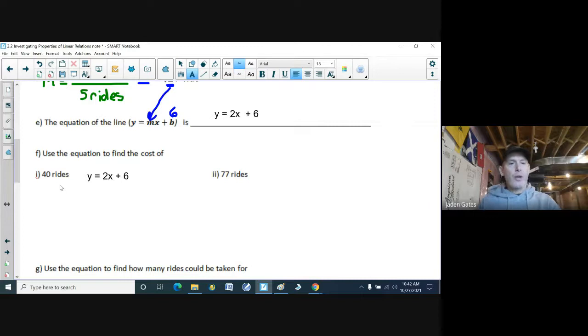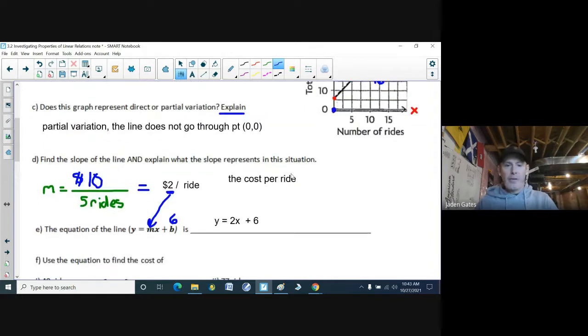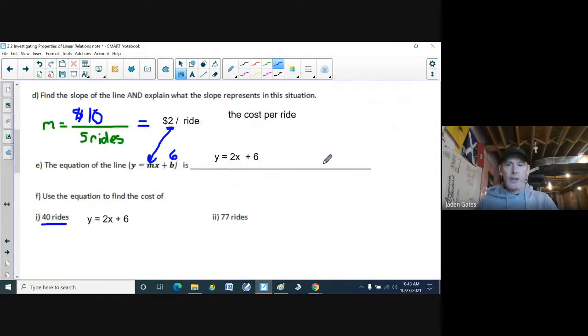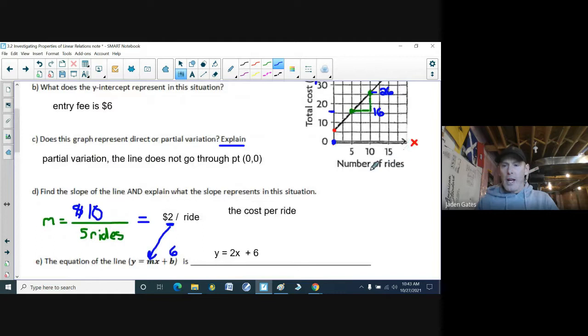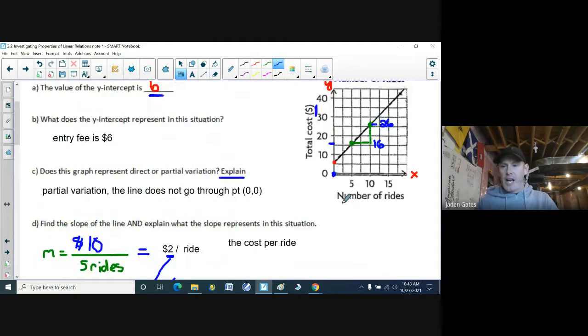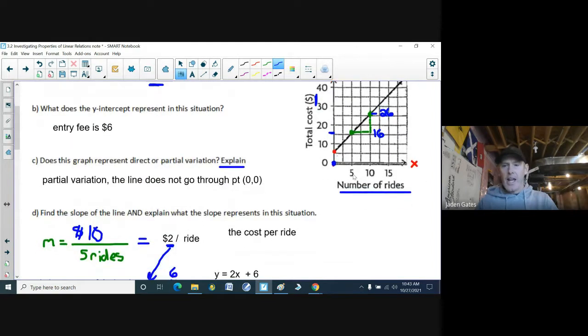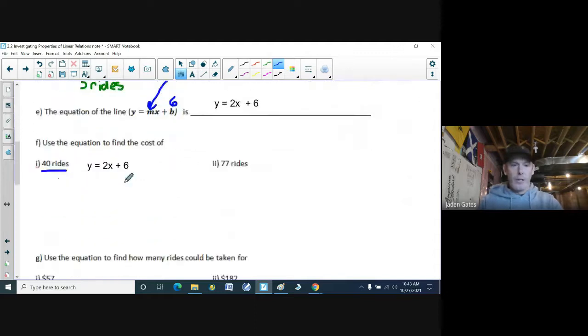Now, again, just like we did earlier today with solving word problems, we have a y and an x. This 40 here is one of them. It's either the x or the y. Here's how we figure it out. I go back to my graph. We got 40 rides here. Rides is on the x-axis. So it is my x value. So that is my x.